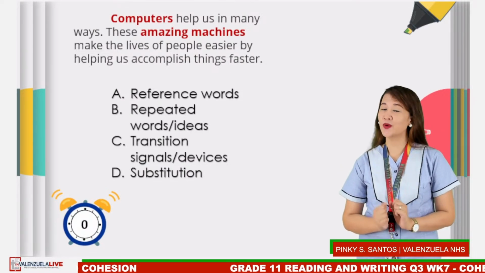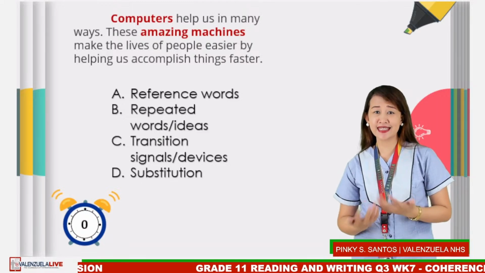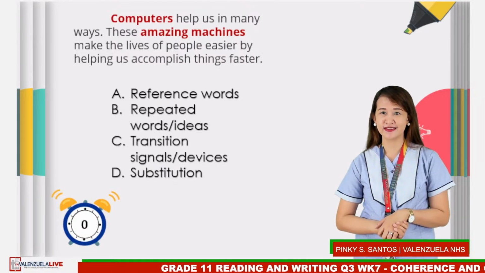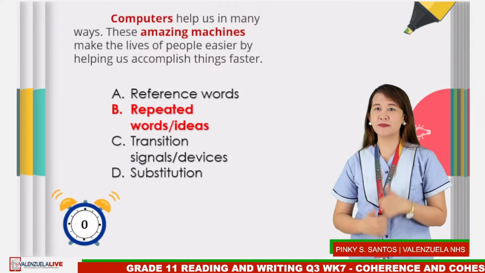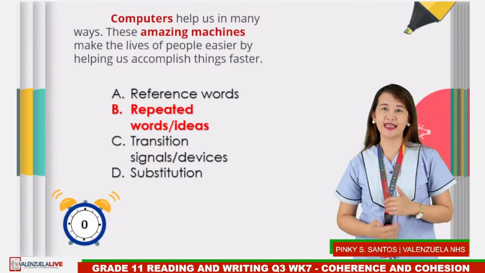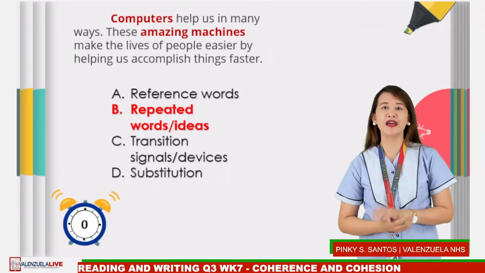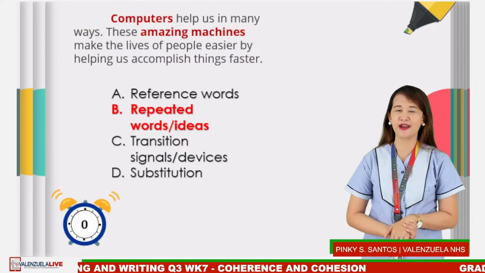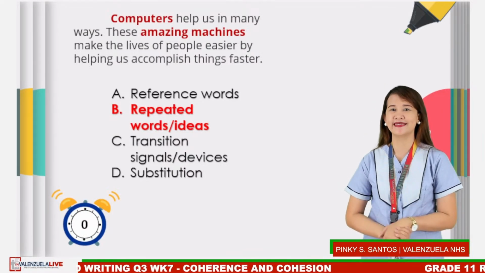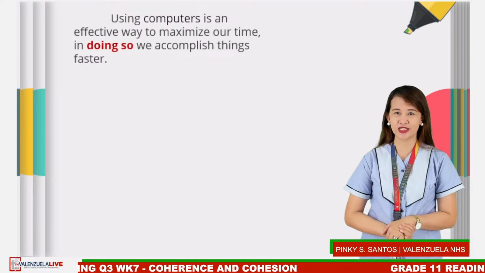Time's up. Okay, great. What do you think is the answer? All right, the answer is B, repeated words or ideas. Computers and amazing machines have similar meaning in the paragraph. Good job. Let's move on to the next question.